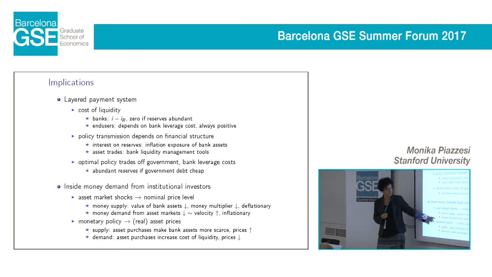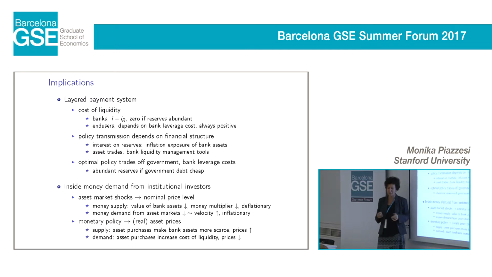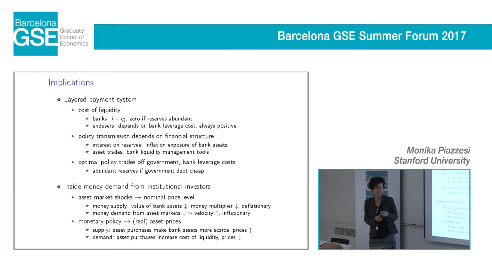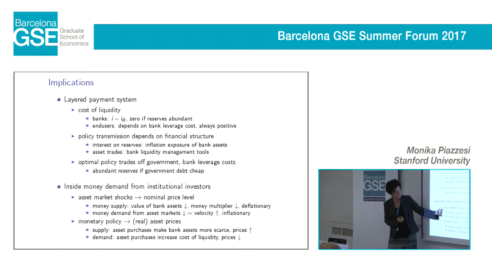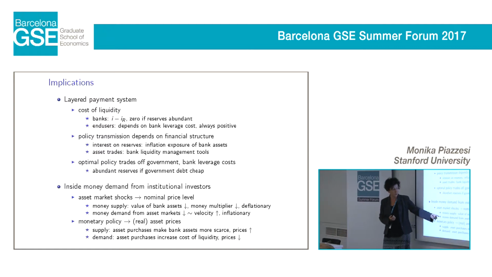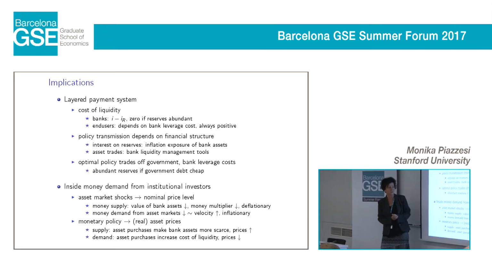And on the other hand, if asset values decline, then institutional investors are going to have a lower demand for inside money. And that's going to affect velocity in the goods market, and that's going to be inflationary. So you see that these are two opposite forces that are at work. In particular, this force through money demand is new in the setup.